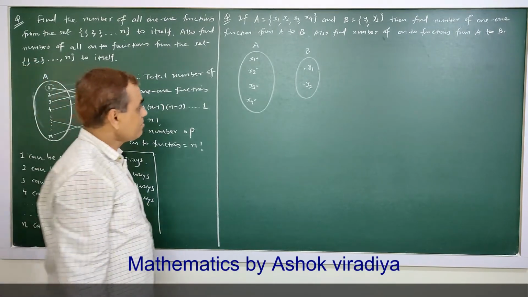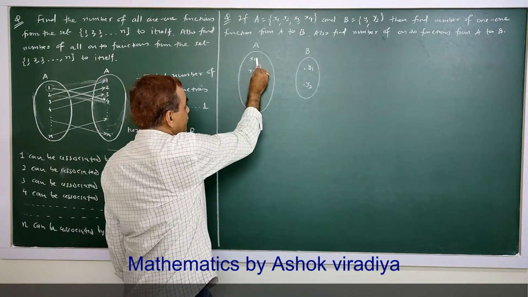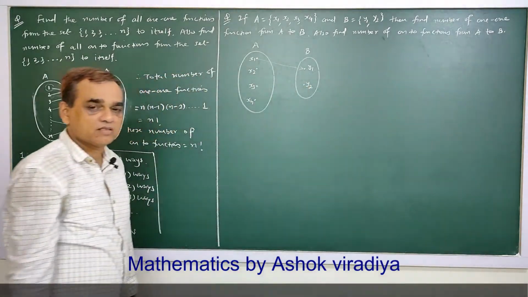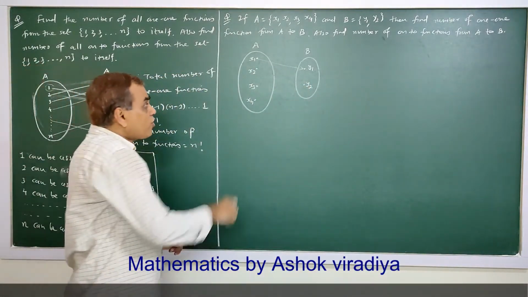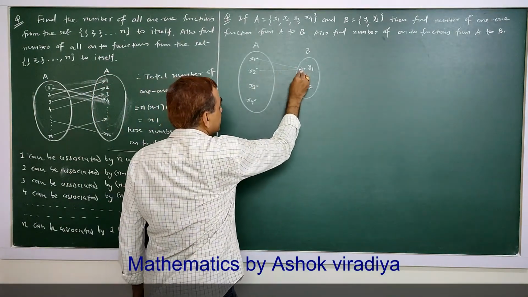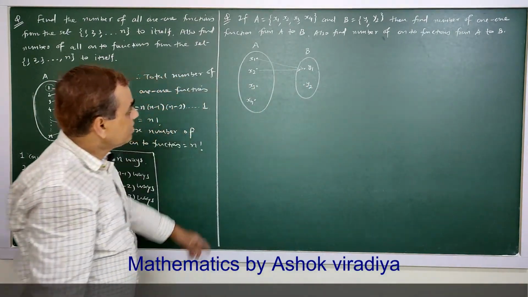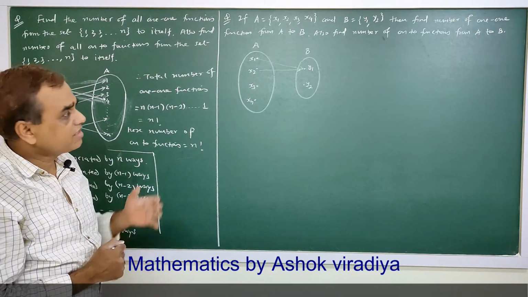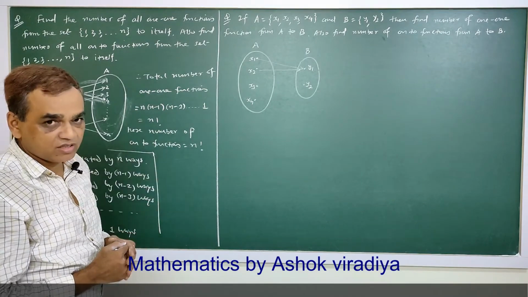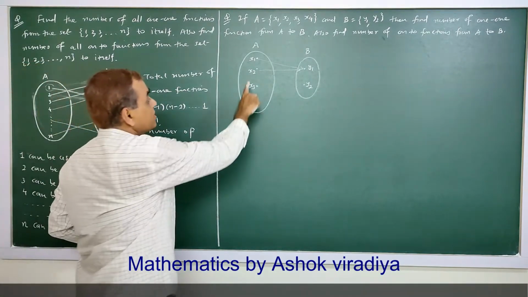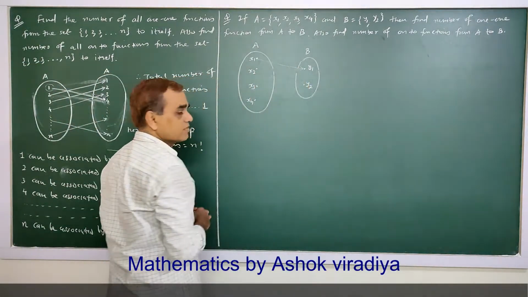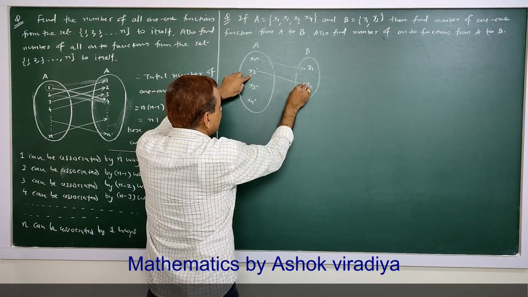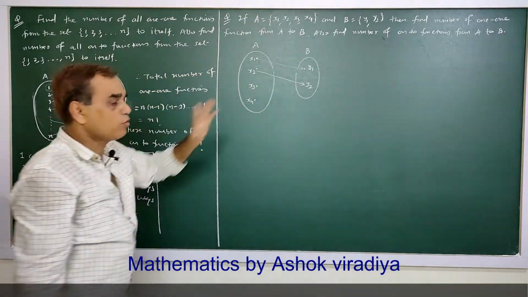Say for a 1-1 function, suppose I am joining x1 to y1. Now if I join x2 to y1, this is not allowed, otherwise this is not a 1-1 function. It is becoming a many-one function. We want a 1-1 function, so this is not allowed. So x2 cannot be joined to y1, so if we join x2 to y2, this is allowed.